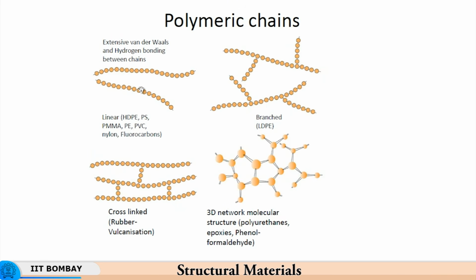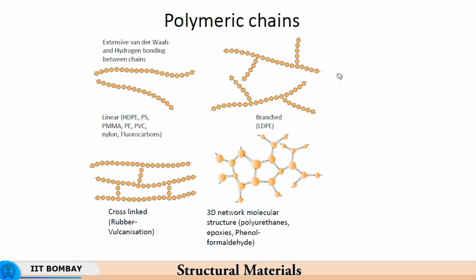We have seen that there are extensive van der Waals bonds which are prevalent between two chains. Two linear chains also have their own share of attraction and repulsion, and so we have different mechanical behavior as a result of this.